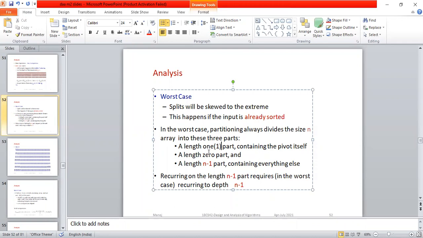So what are the values less than 1? You consider it as the 0 part. This is the left subarray. Now for the right subarray, it should be greater than 1, so that's why you take it as the length n minus 1 part, the entire thing minus 1 part containing everything else. Recurring on the length n minus 1 part requires the depth to be n minus 1.